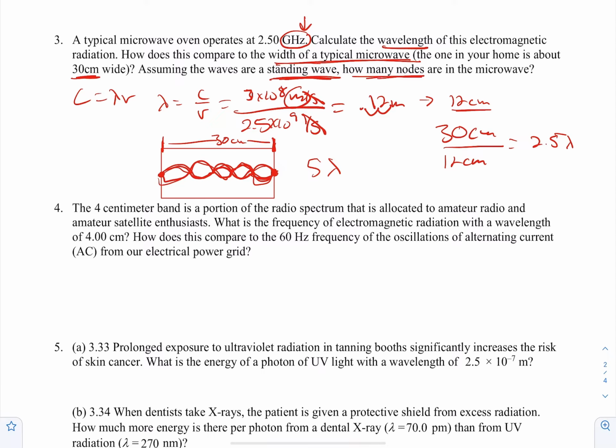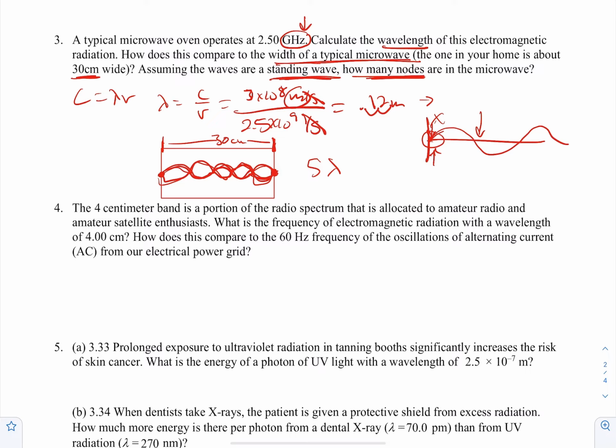Now, when they're asking how many nodes are in the microwave, in a standing wave, what do you see? A node. When I'm looking at a wave, the node is always where we're crossing zero. So if I have this, this right here is not a node. Don't be tricked by that. A node is where you cross through zero, right here. This guy is crossing right through zero. This guy is touching zero. He's not crossing through it.